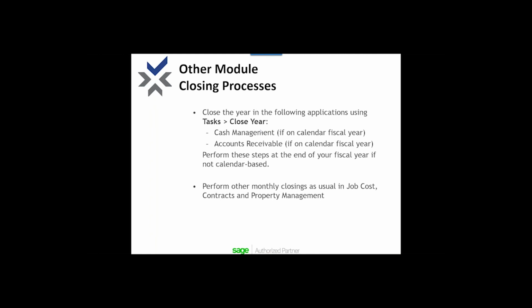Accounts receivable also has a close year task because it stores this year and last year totals for your customers. So if you go into set up customer, there's a totals button at the bottom of the customer, and you can see the totals that are stored. It's things like how much have we invoiced, how much have they paid us, those kinds of things.